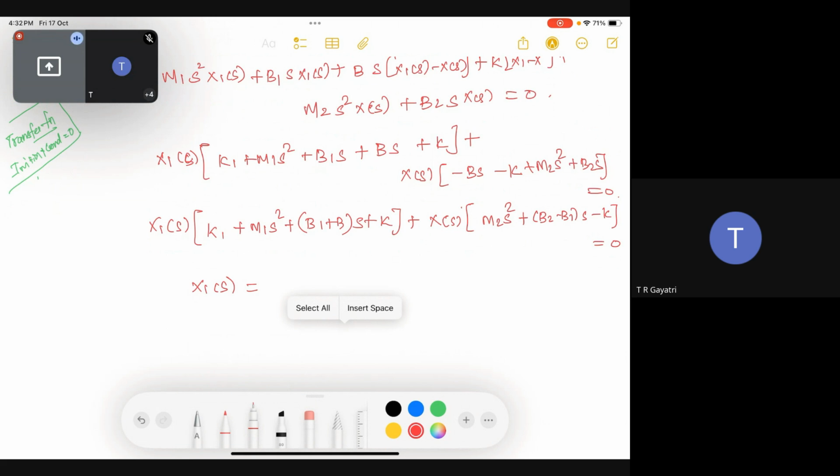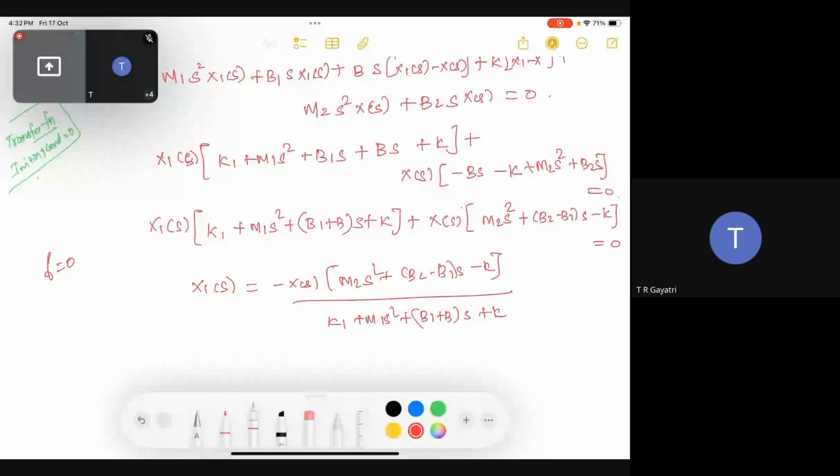It's okay. Let us take, I'm considering force as 0 now for simplicity. So this will give me x of s into (m2 s square plus b2 minus b1 s minus k) by (k1 plus m1 s square plus b1 plus b) of s plus k.